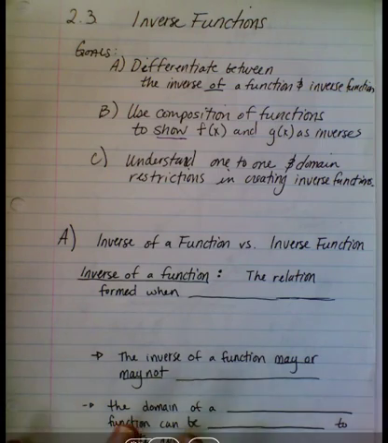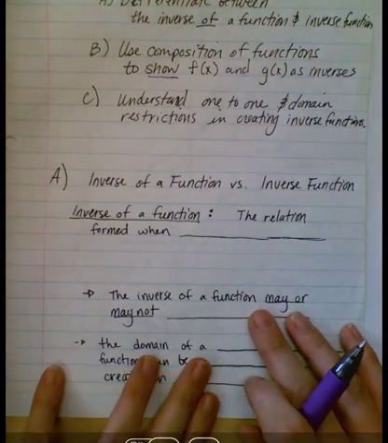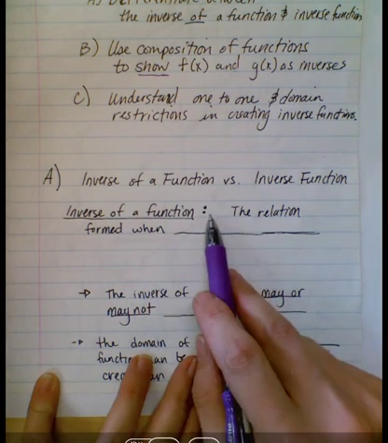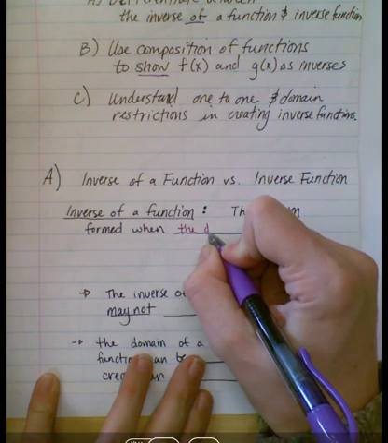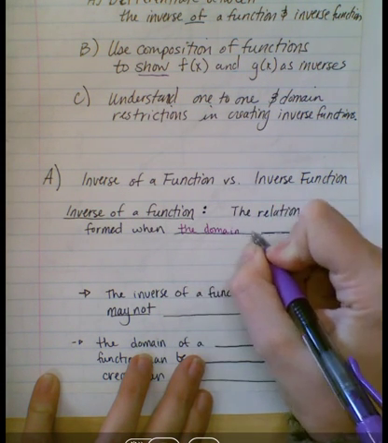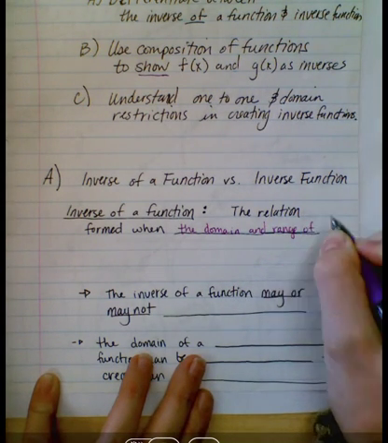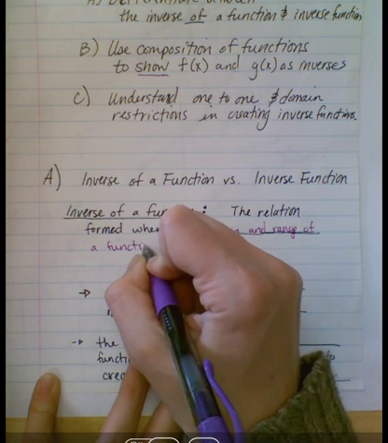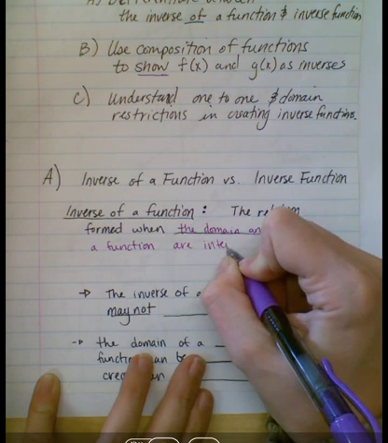Okay. So part A here, an inverse of a function versus an inverse function. So an inverse of a function is the relation formed when the domain and range of a function are interchanged.